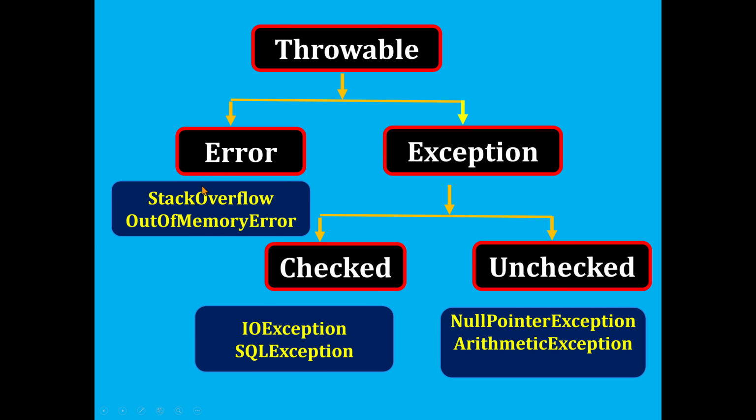This is an example of the Error class. For checked exceptions, we can see IOException and SQLException. These are examples of checked exceptions. And unchecked exceptions are things like NullPointerException and ArithmeticException. We will see the exact difference between checked and unchecked exceptions in our next slide.